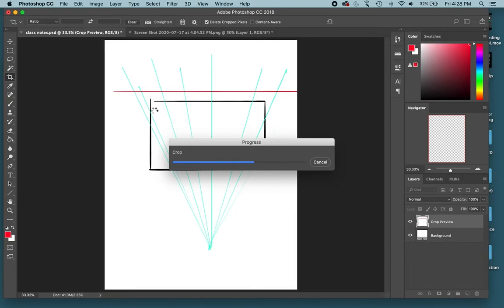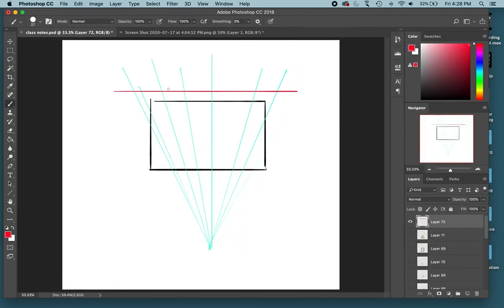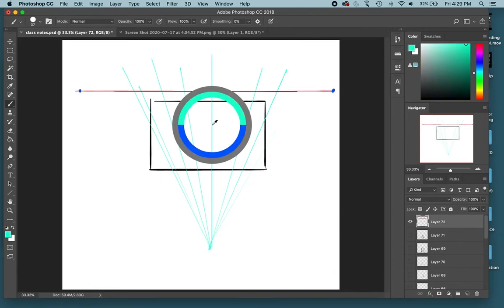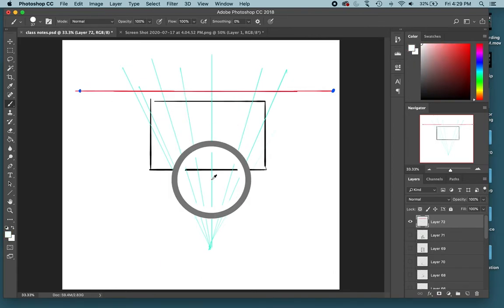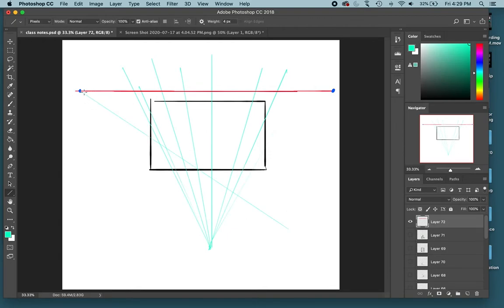Taking a sec for my computer to load here. These are pretty big files. There we go. Okay, and then we'll put horizon line out there. Some vanishing points out there. So now we'll be looking down on something.